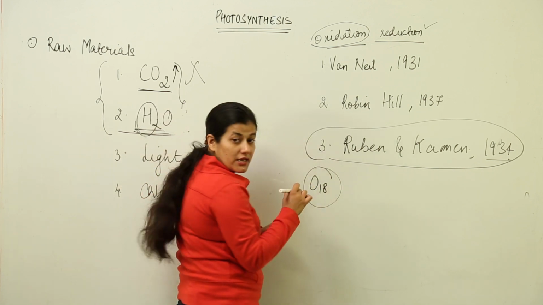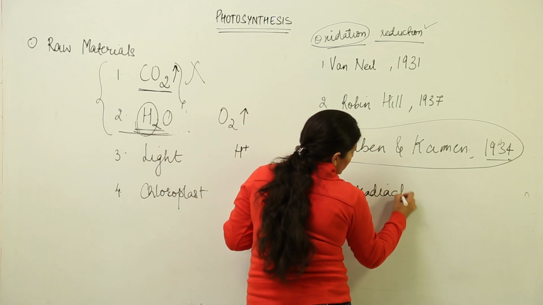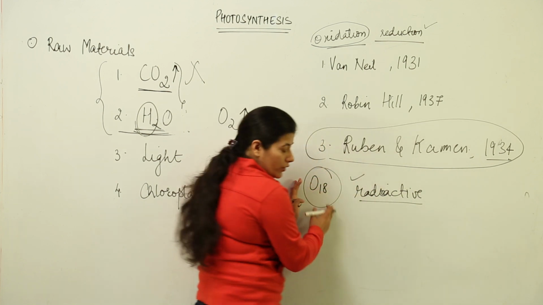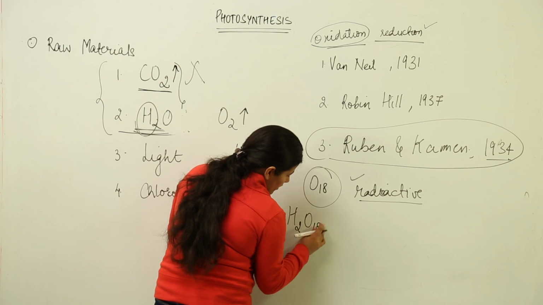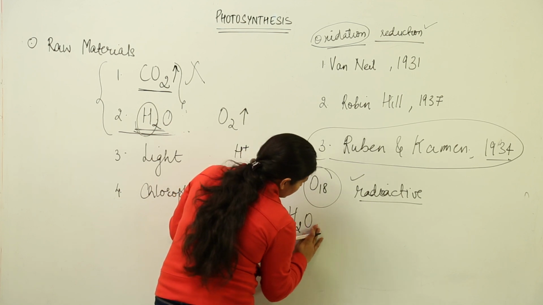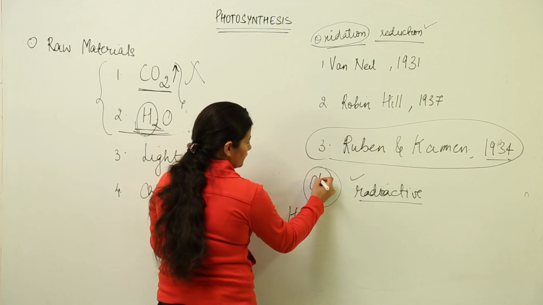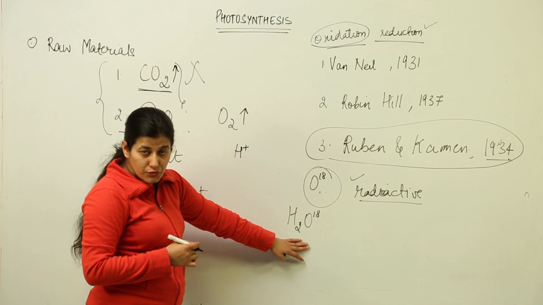Now O18 is radioactive oxygen, and they used water which had this particular radioactive O18. So basically they used this particular water, it is to be written like this. Okay, I wrote it differently. This was the radioactive water which was being used.